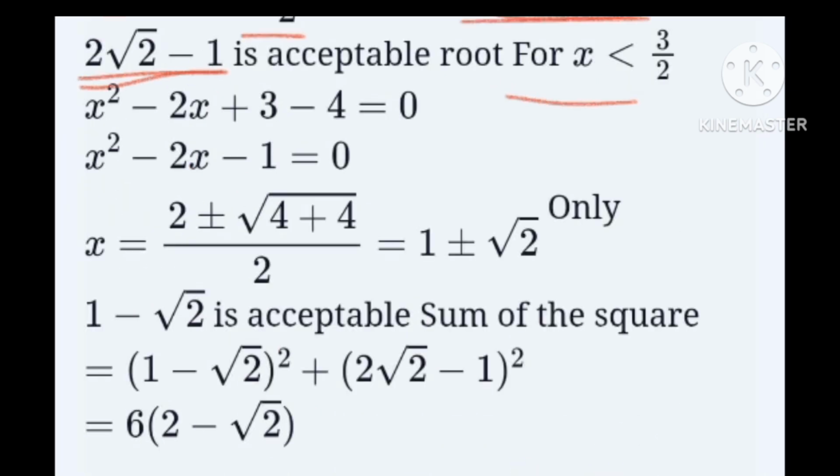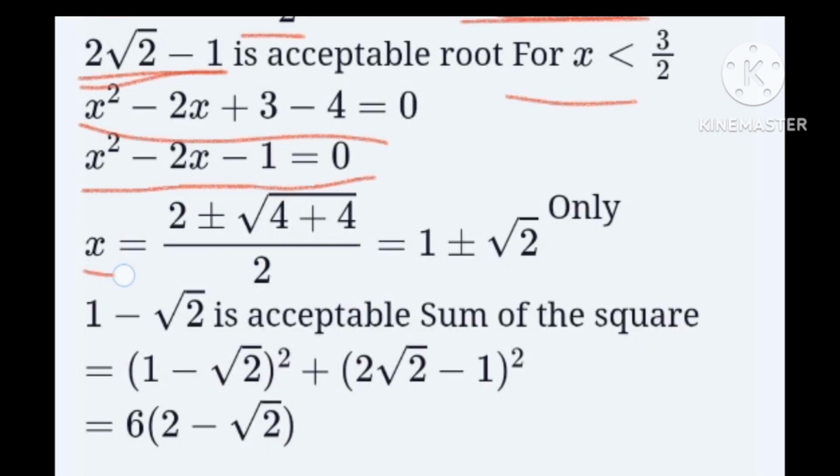Now another solution. For x less than or equal to 3 by 2, mod x is equal to minus x. Now x square minus 2x plus 3 minus 4 equals 0, that is x square minus 2x minus 1 equals 0.